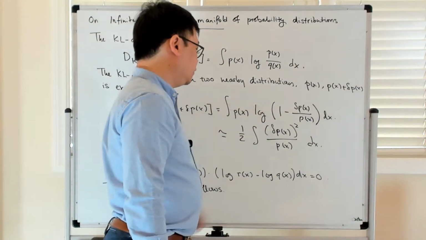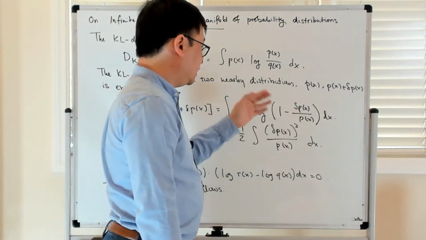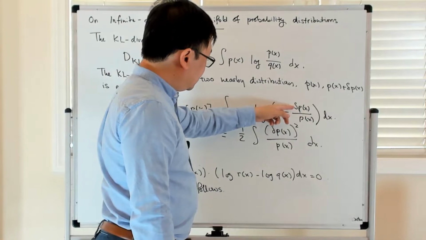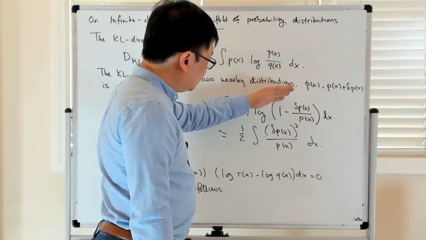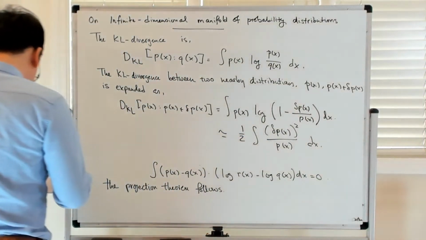That just comes from the fact that the log of 1 minus x expands with the leading order term being x squared, and x here is delta p over p, so you get delta p over p squared multiplied by p, which gives you this expression here.